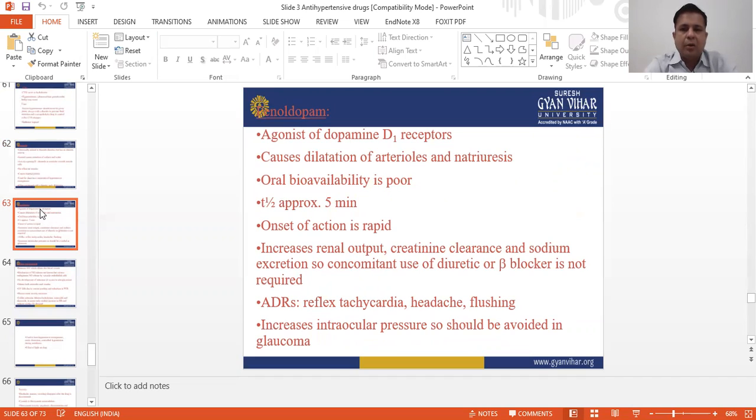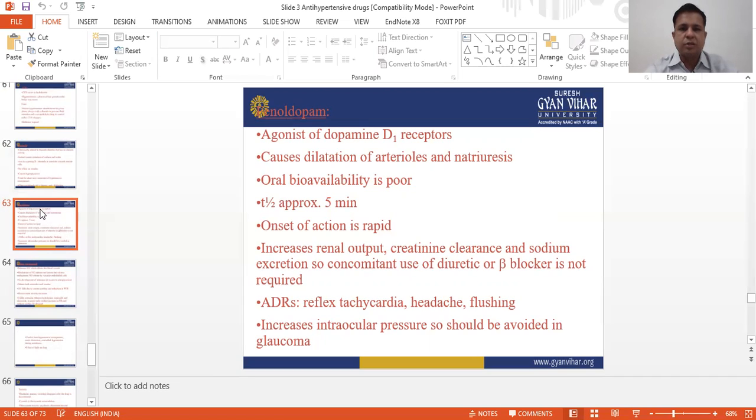Fenoldopam, an agonist of dopamine D1 receptors, causes dilation of arterioles and natriuresis. Oral bioavailability is poor. Half-life is approximately 5 minutes.